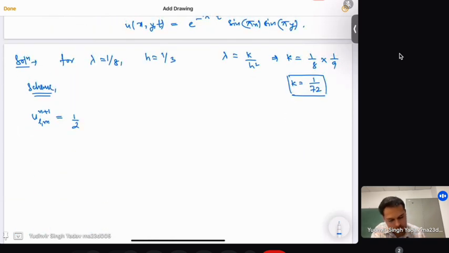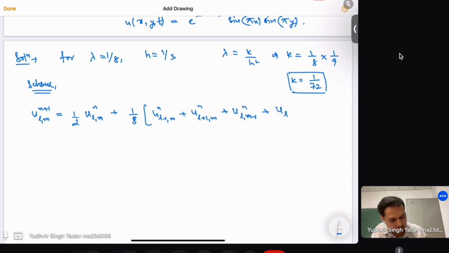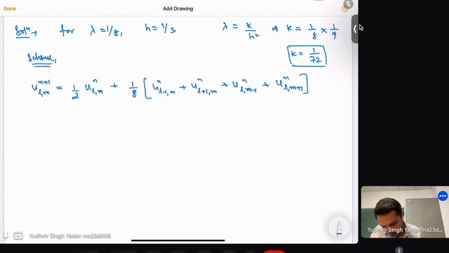When we substitute these values, that lambda equals 1 by 8 and the step sizes h and k, this explicit scheme reduces to half u(l,m)^n plus 1 by 8 times [u(l-1,m) plus u(l+1,m) plus u(l,m-1) plus u(l,m+1)] at level n.